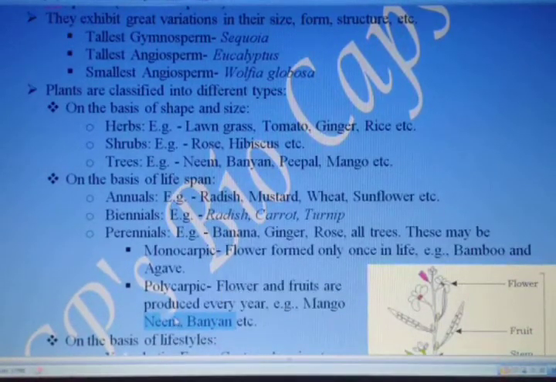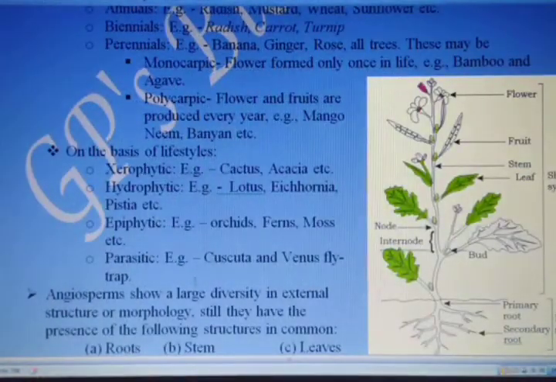All of these you can include in polycarpic, because here the flowers and fruits are formed every year. That means throughout their lifetime, so many times they form flowers and fruit on which we depend, and for that reason we have planted them and use their fruits for our own benefit.